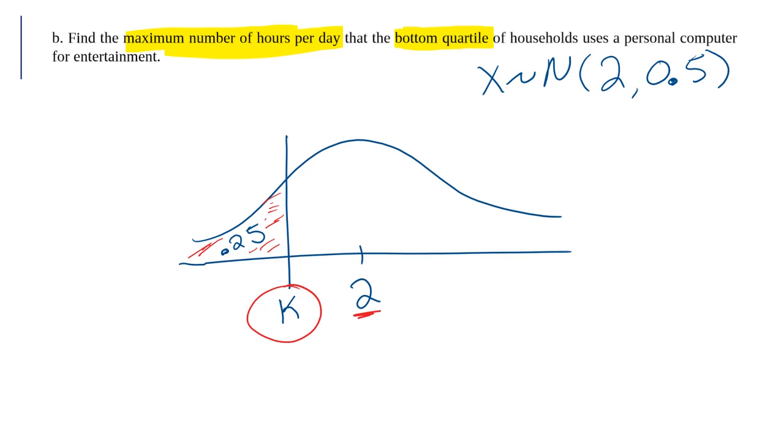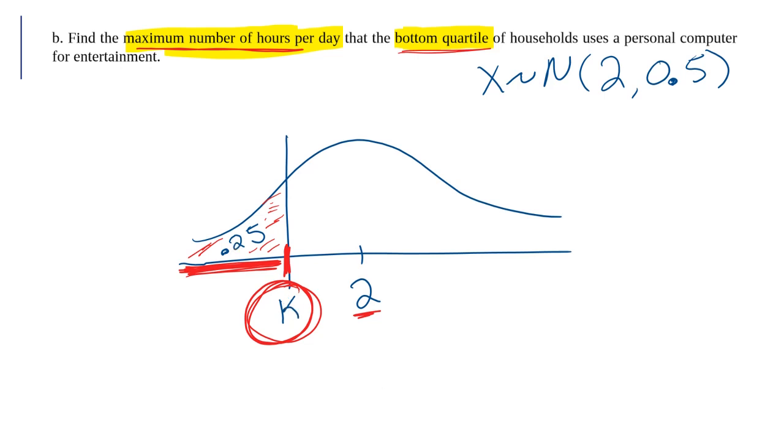Let's read the question again. Find the maximum number of hours per day that the bottom quartile of households uses a personal computer for entertainment. All the houses in this range are in the bottom quartile. The maximum for this bottom quartile is this number K. So we need to figure out what K is, and basically it's where 25% of the population is less than that number K.